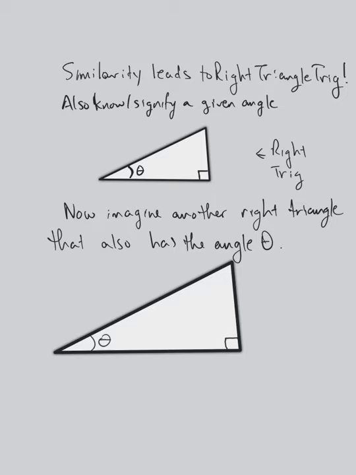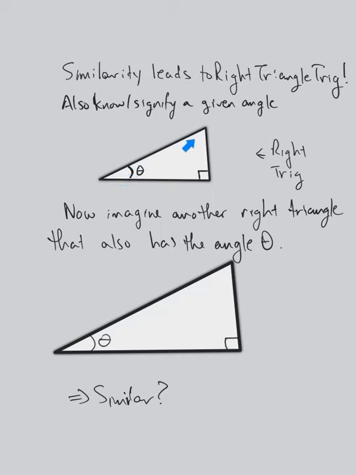Hopefully, at least looking at the shape, they look shaped the same. They're just different sizes. So the question right now is, are they similar? And the answer is yes, because you can just reason this out. If I know the right angle and I know this angle theta, remember the angles in a triangle add up to 180 degrees.